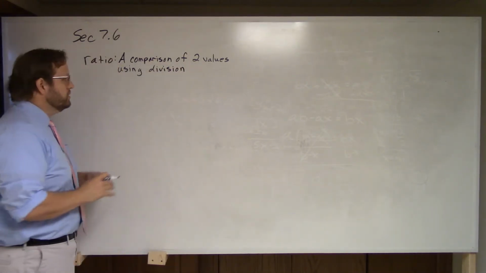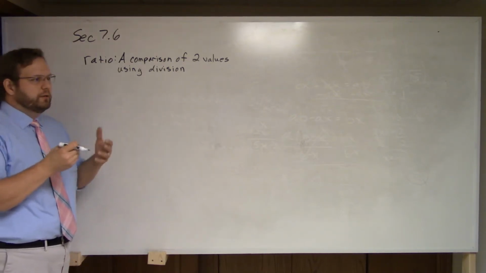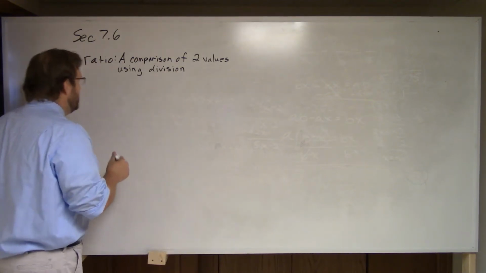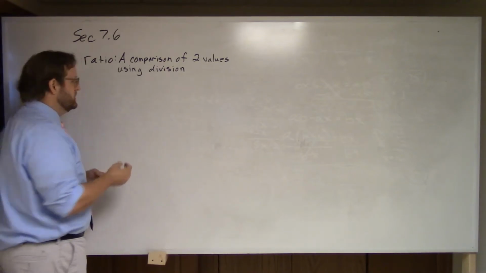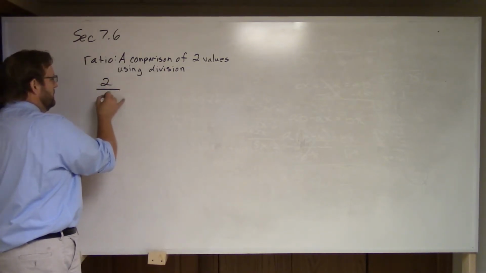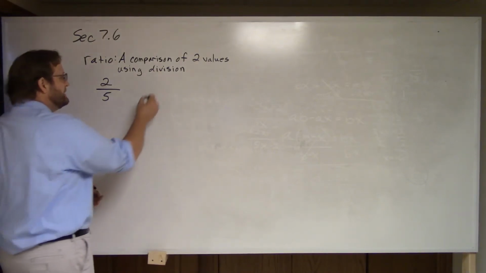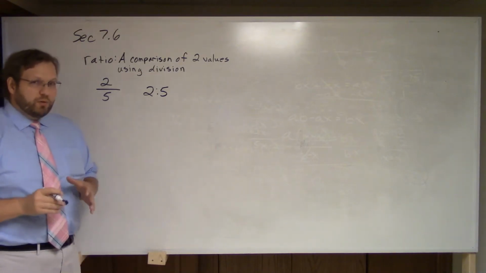Okay? So when we deal with comparing values, there are a couple ways that we typically would see this. Let's say we have 2 cups of sugar for 5 cups of flour, for instance. So 2 cups of sugar, 5 cups of flour. That's a ratio. What you may have seen in the past is a ratio written like so. There's nothing wrong with that.